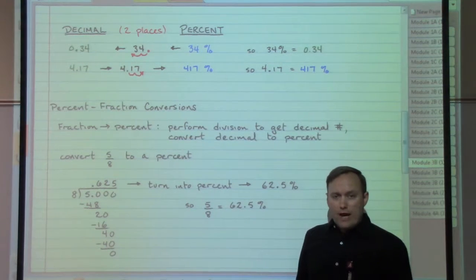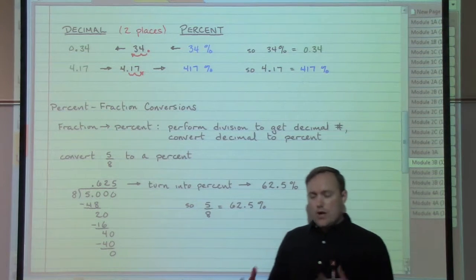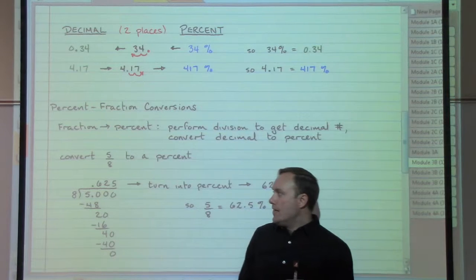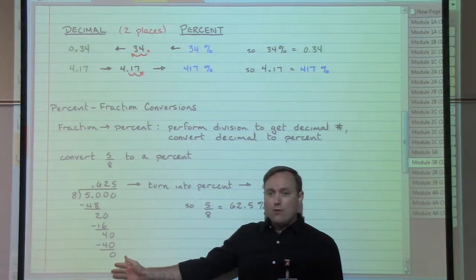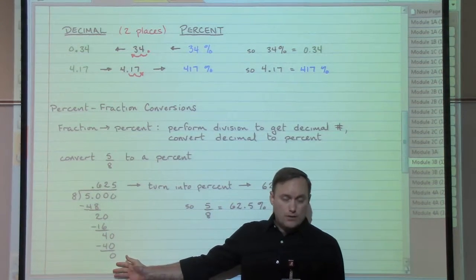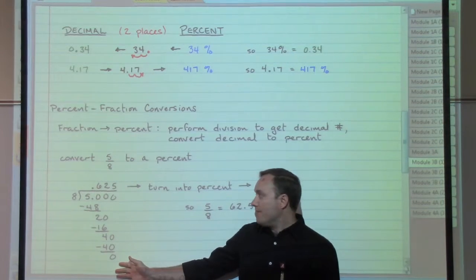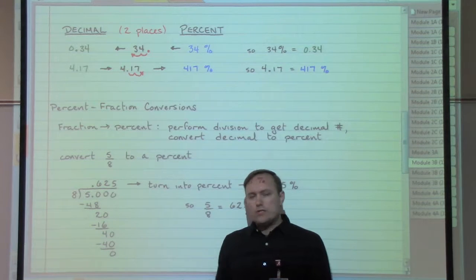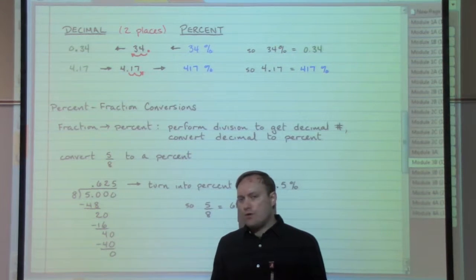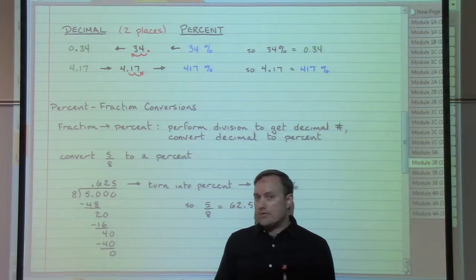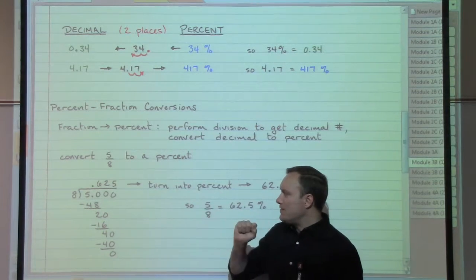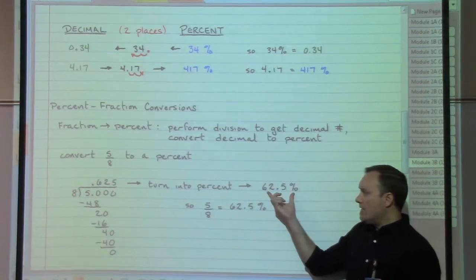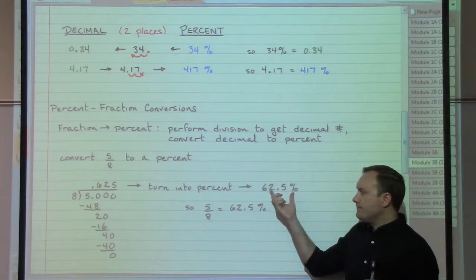If we're starting with a fraction, and we know already from our past experience how to transform a fraction into a decimal by working out a division problem. Using a basic skill that we have experience with, we're going to get a decimal answer. And we just saw that it's really nice and quick for us to transform decimals into percents, so we can take that decimal answer, turn it into a percent, and we get our final answer here.